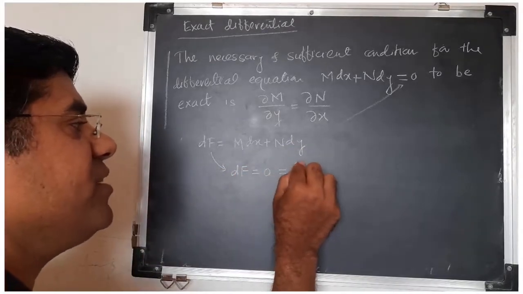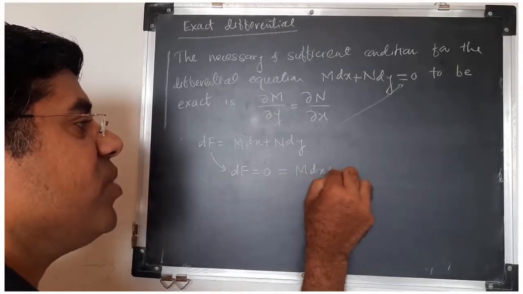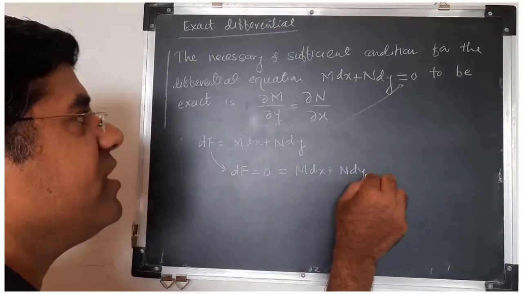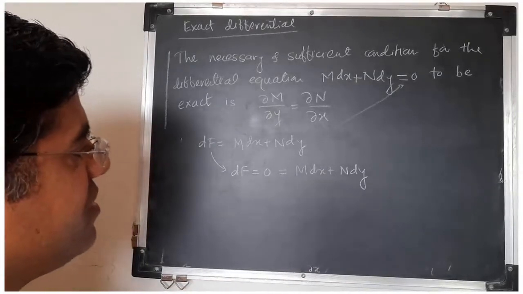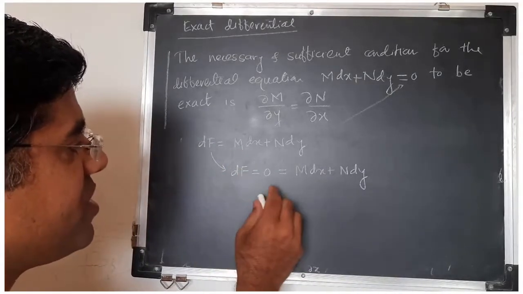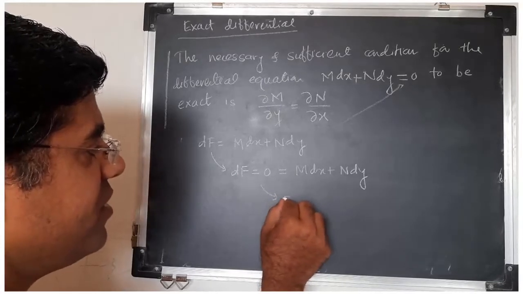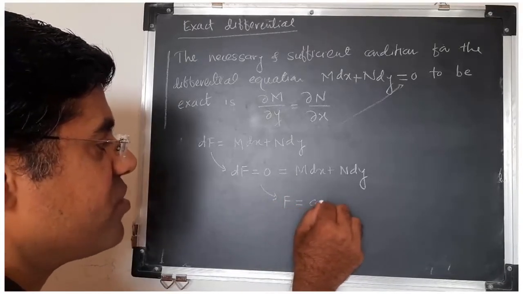Then we can write M dx plus N dy as a differential equation, an exact differential equation. So df is 0, and df is 0 only under one condition: f should be constant.